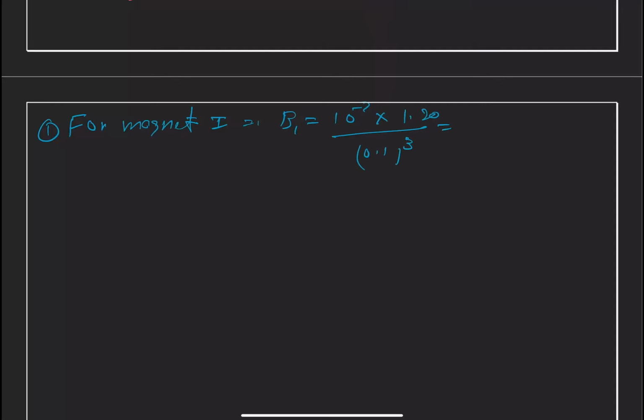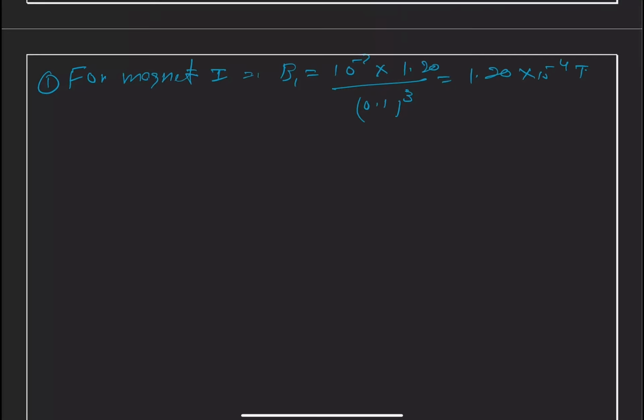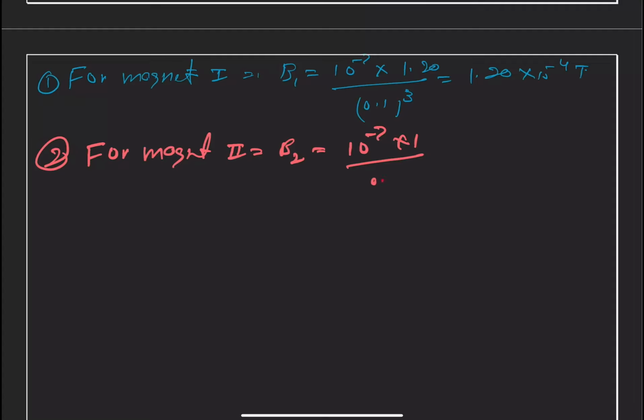So this comes to 1.2 into 10 to the power minus 4 Tesla. And similarly for magnet 2, B2, the only difference will be in the moment. So this is 10 to the power minus 7, moment is 1, and this is 0.1 raised to power 3. This gives you 1 into 10 to the power minus 4 Tesla.